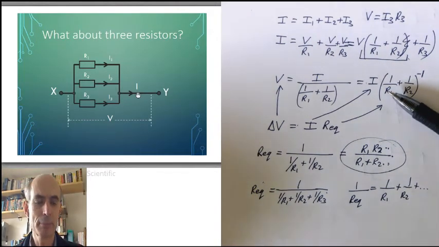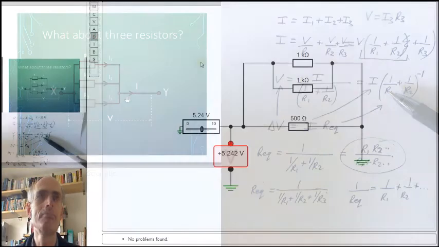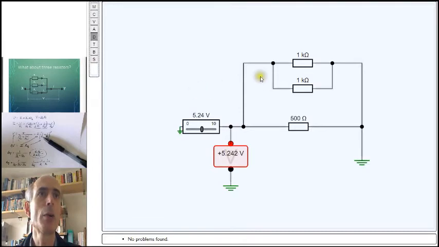Right. Does it work? Once again, we can go and have a look at the simulator and see what it does. Here we've got two resistors in parallel, because you can tell they're in parallel because both ends of the resistors are connected together. And we have another resistor here, which is just a single 500 ohm resistor.